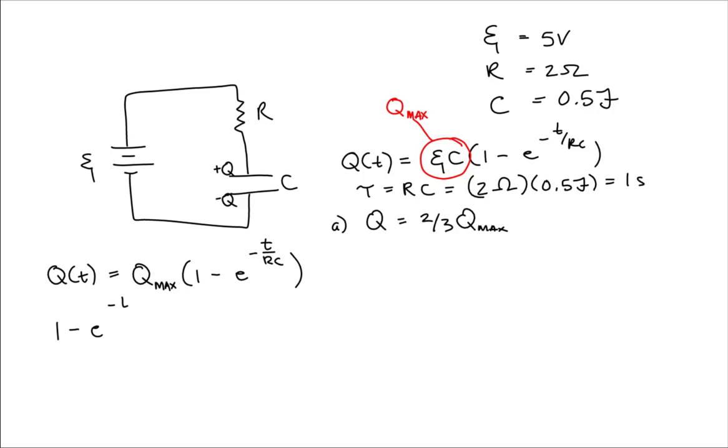To do that, I'll divide both sides by the maximum amount of charge to be stored by the plates of our capacitor, so that's going to be equal to Q over Q max. This becomes e to the minus t over RC is equal to 1 minus Q over Q max, after distributing the minus sign by multiplying both sides by minus 1.